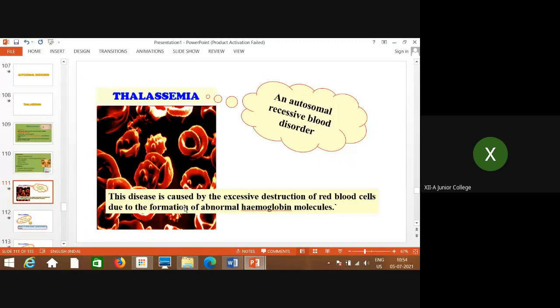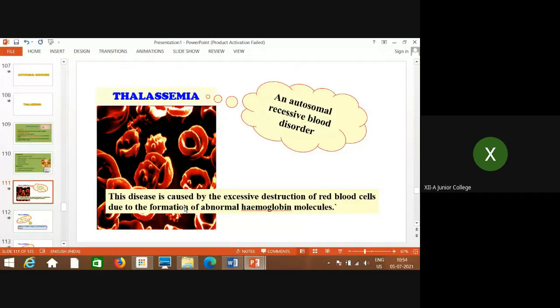Now what happens here? This is an autosomal recessive blood disorder. It's caused by the excessive destruction of red blood cells due to the formation of abnormal hemoglobin molecules. Hemoglobin, you know, is responsible for carrying oxygen.